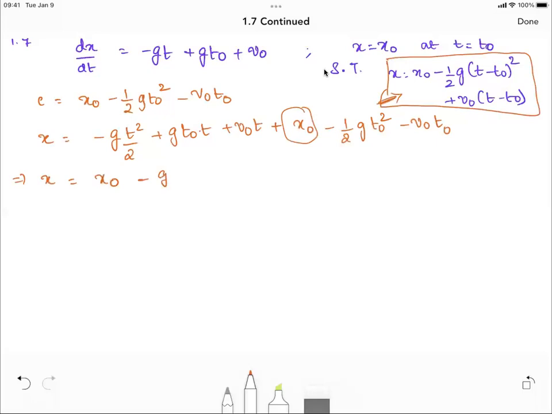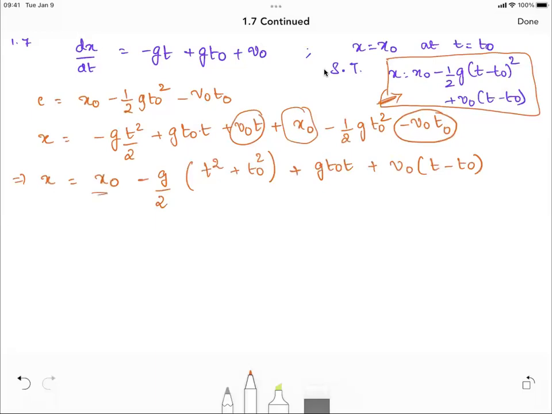I've taken the negative g over 2 in common, so I have negative g over 2 times t squared plus t0 squared. And then I have g t0 t, plus, let me combine this term and this term together, that's going to be v0 times t minus t0.